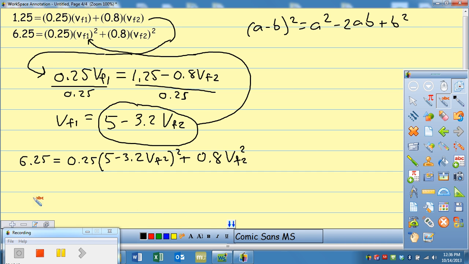All right, so this is going to be, so 6.25 equals 0.25 times 25, that's squared.